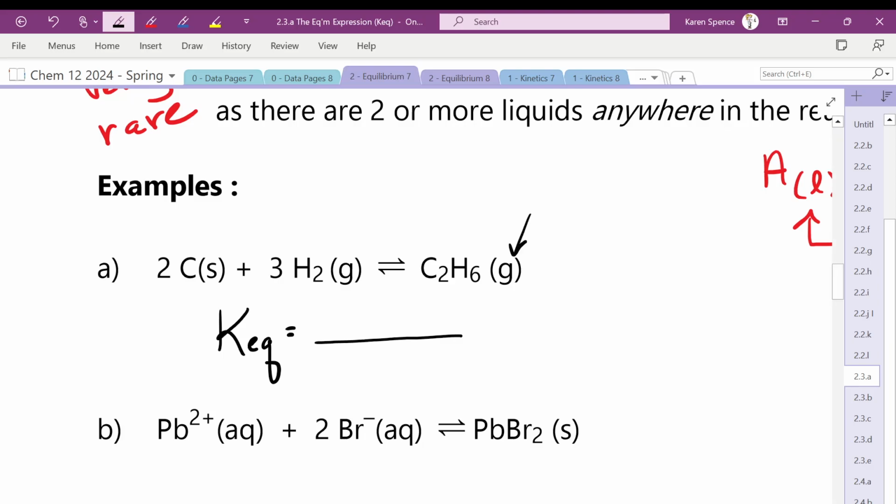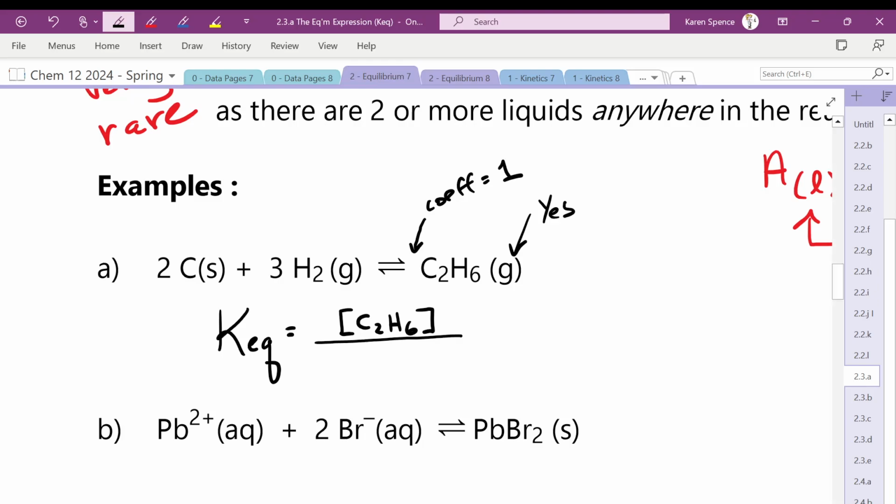C2H6, it is a gas, so yes, we include it. Concentration of C2H6. And what is its coefficient? Coefficient is 1. Therefore, do I raise it to a power? No. You could write a 1, but there's no point.